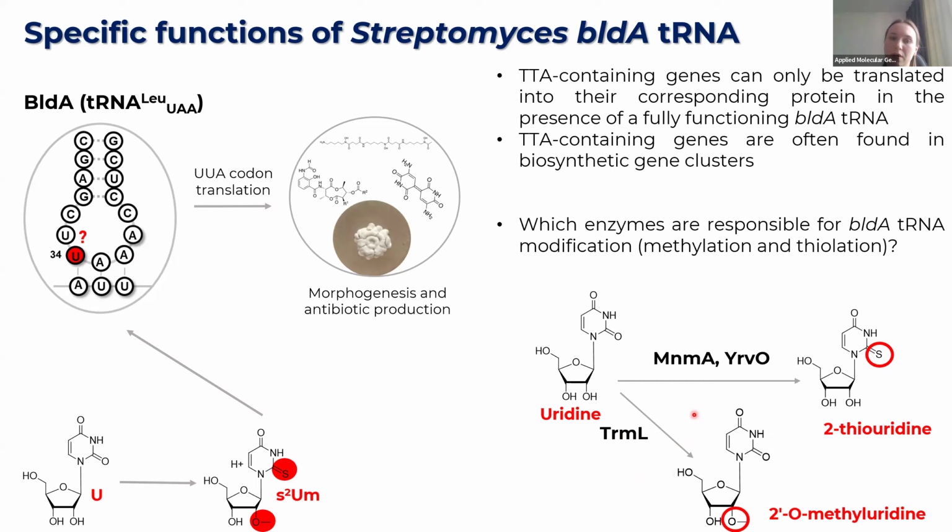We aim to determine a TrmL protein, which modifies the ribose, so it methylates the ribose, and 2 additional proteins that are involved in 2-thiouridine formation. Position 34 in tRNA is the most frequently modified, so we would like to know the enzymes that modify this position in Streptomyces.